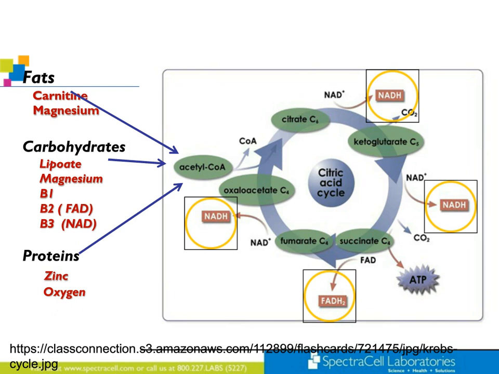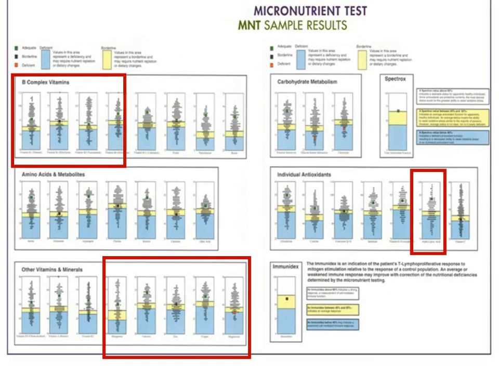When we look at the micronutrient test results that SpectraCell does, the areas that I have outlined here in red are so important when we're looking at these cofactors of how to nurture and nourish our mitochondria. And the B vitamins are in the upper left-hand box here, the B1, B2, B3, so important for the metabolism of carbohydrates, very, very important.